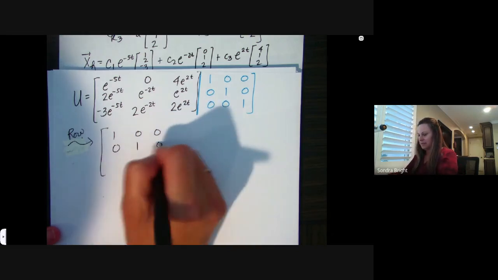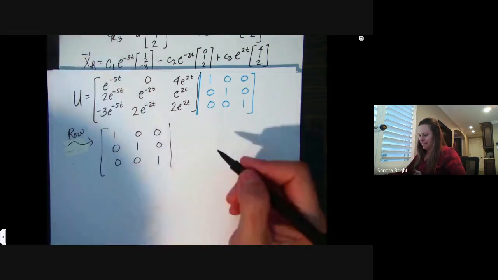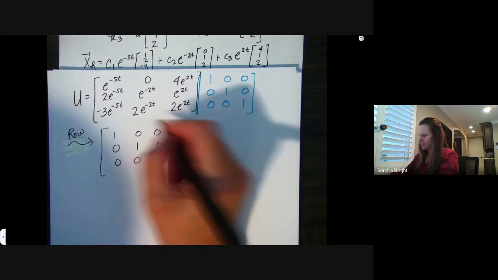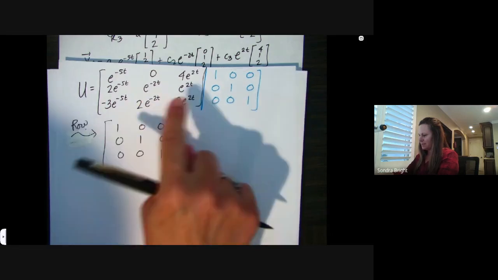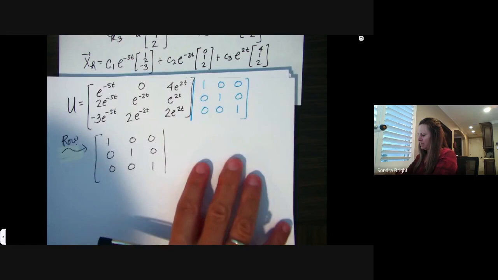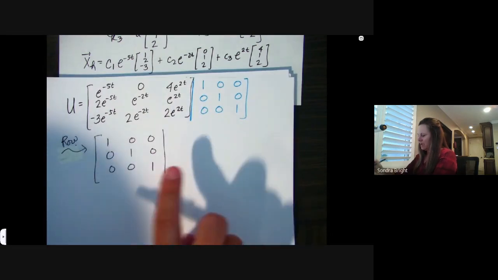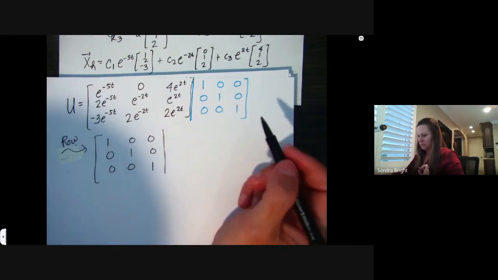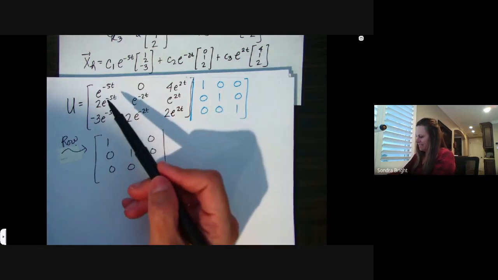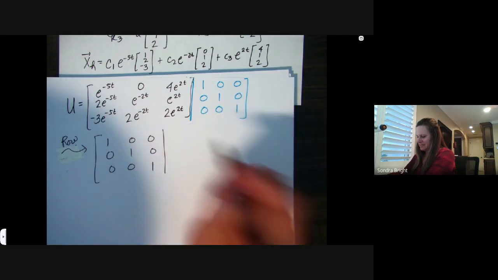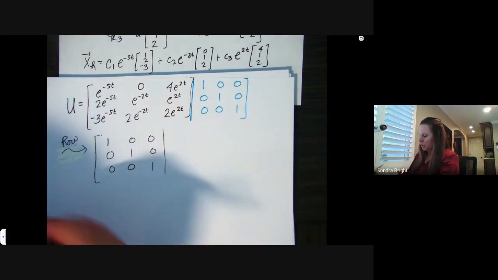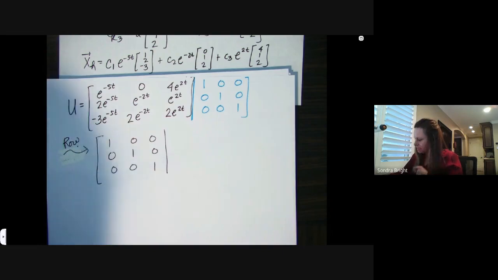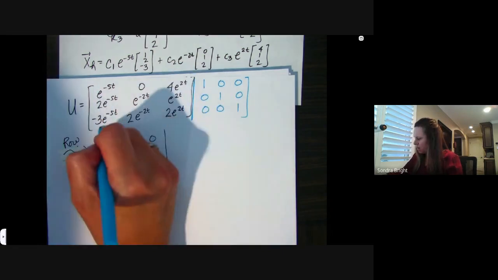The order is probably going to be different when you work this out, because I had this column as column 3, this one as column 1, and this one as column 2.